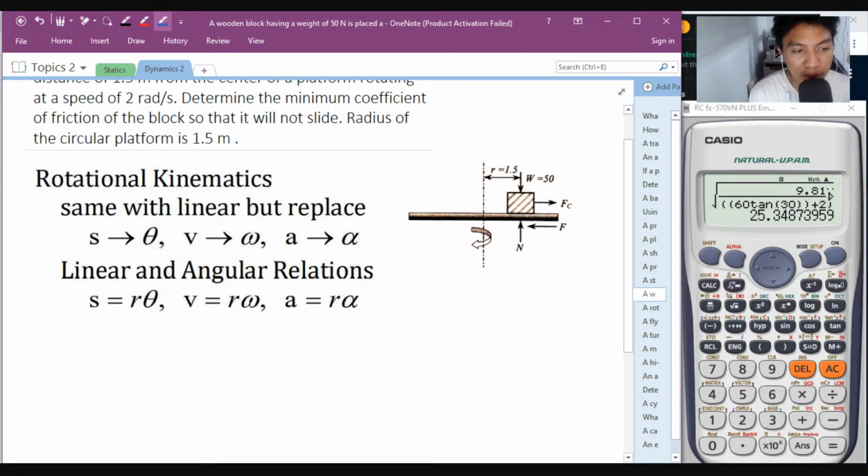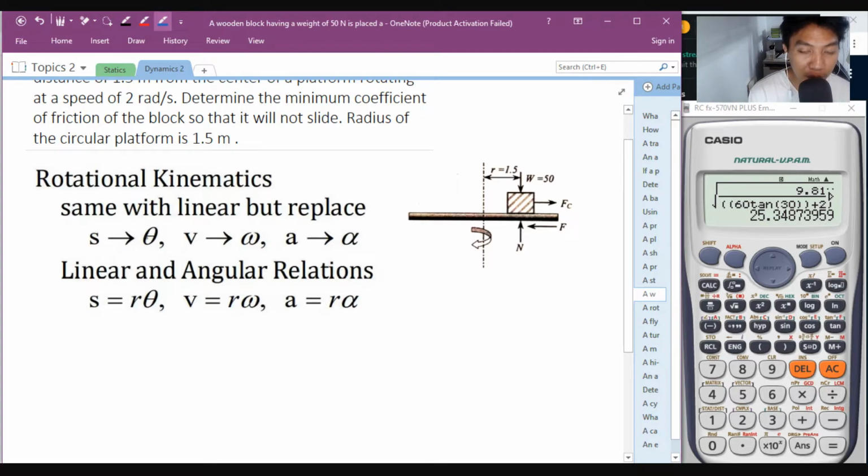For the displacement, which is S, you have to replace it with theta. For the velocity or the speed, you have to replace it with omega. And for the acceleration, you should replace it with alpha.